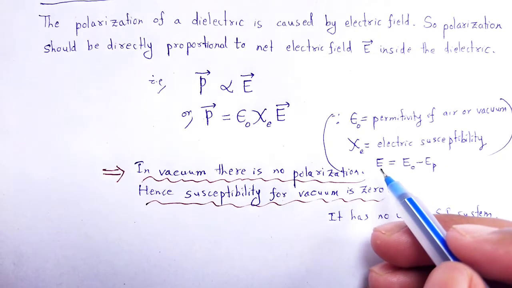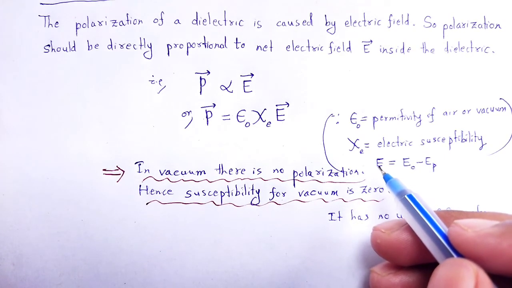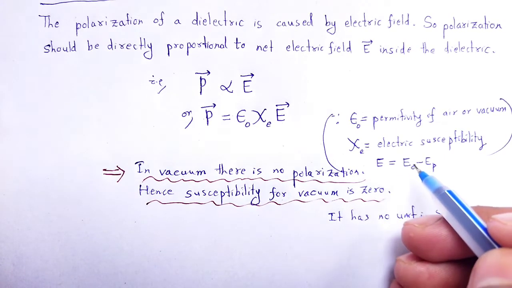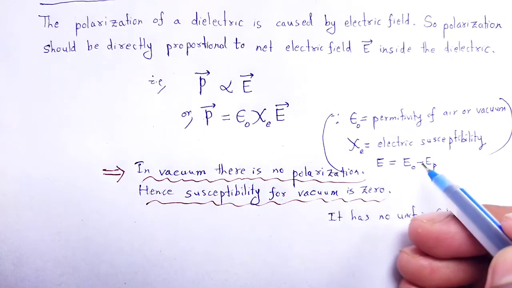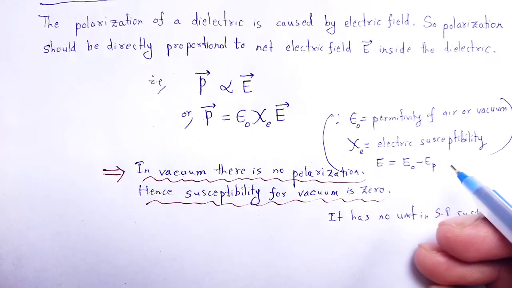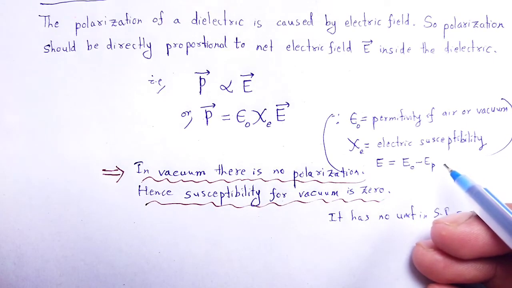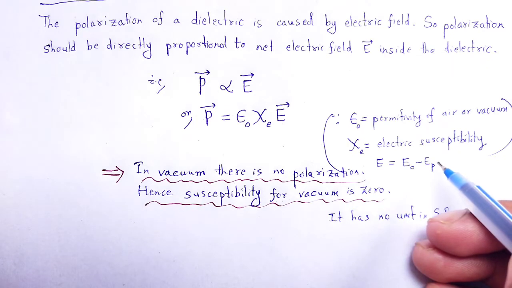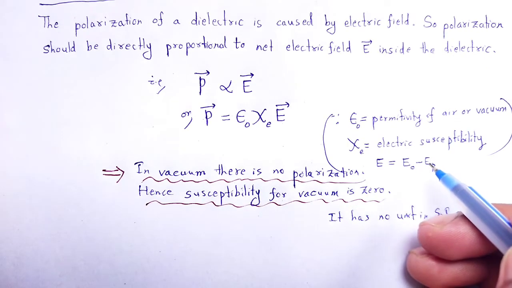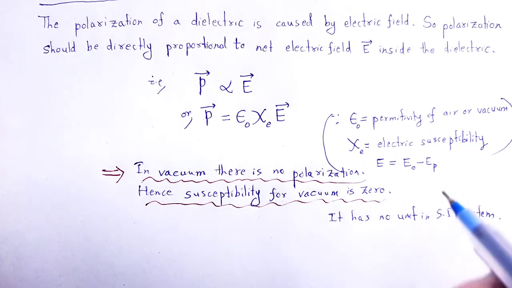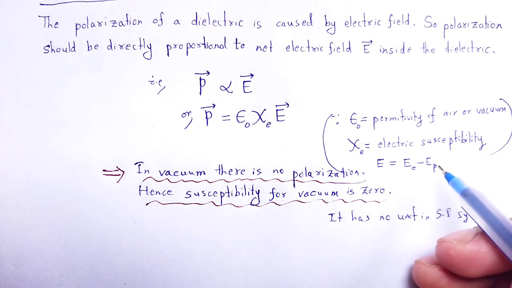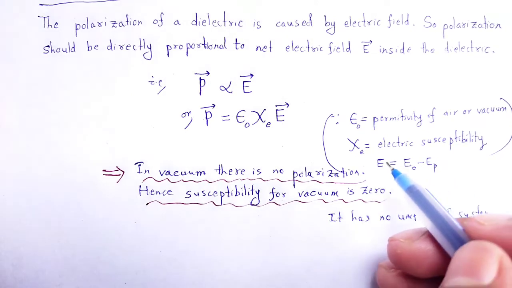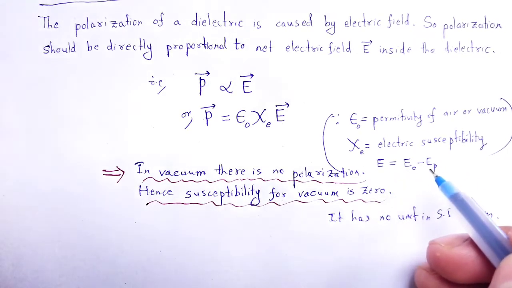That is, the net electric field inside the dielectric is equal to the external electric field minus the induced electric field inside the dielectric, EP, or we can say the electric field produced due to the process of polarization. So, the net electric field will be E is equal to E naught minus EP.